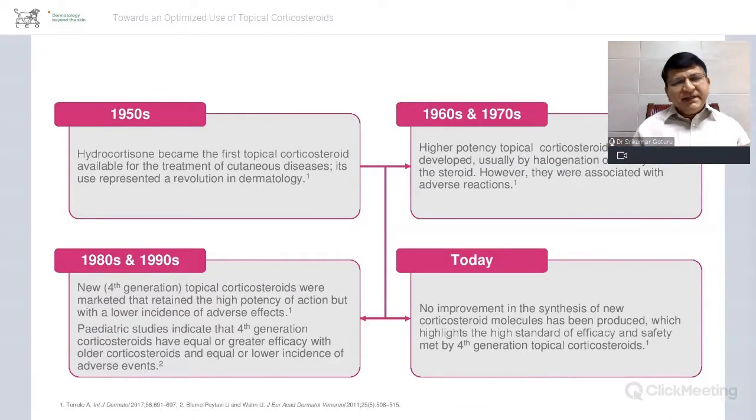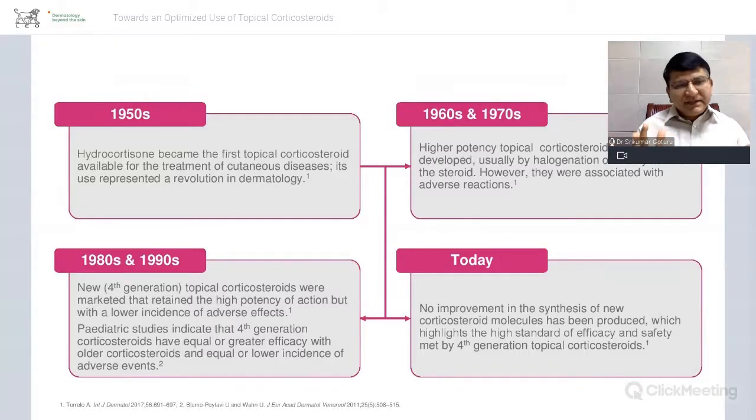In the 1950s, we discovered compound F. In the 1960s and 70s, all these things like halogenation and methylation were done to increase the potency, but of course at the expense of a lot of side effects. And then slowly from generation 1, generation 2, to currently the 4th generation of topical corticosteroids, which are highly effective and have much fewer side effects.